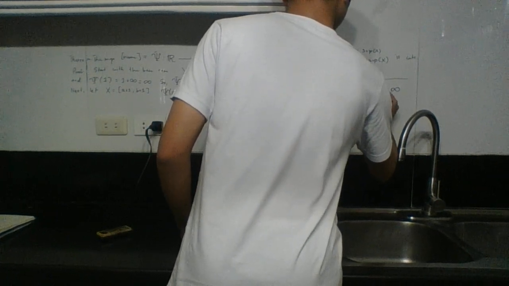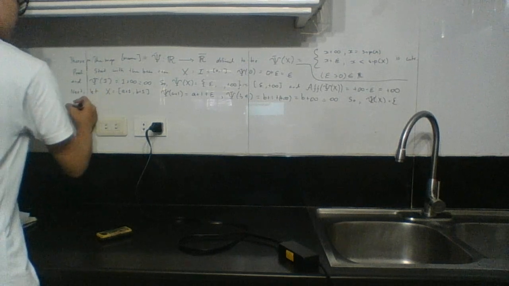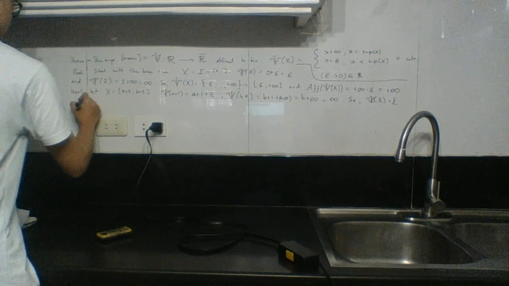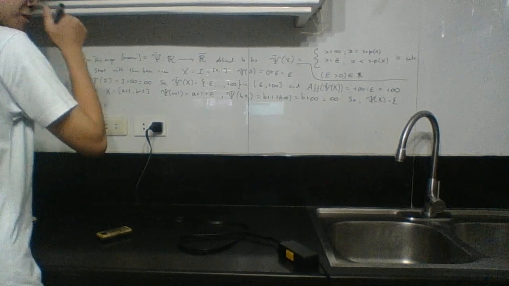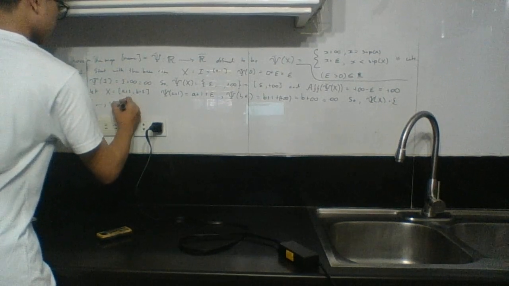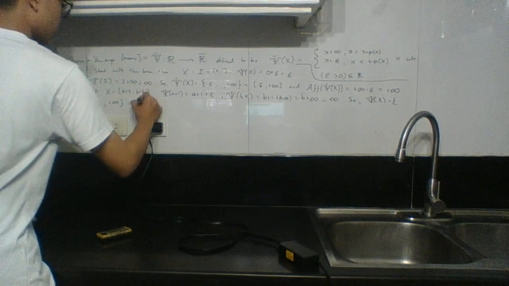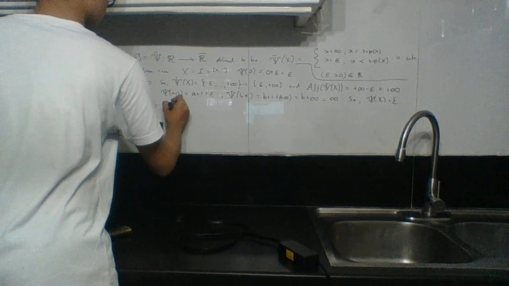So, lastly, psi of big X gives us the set a plus 1 plus epsilon dot dot dot plus infinity, which is defined to be the interval from a plus 1 plus epsilon dot dot dot to plus infinity.